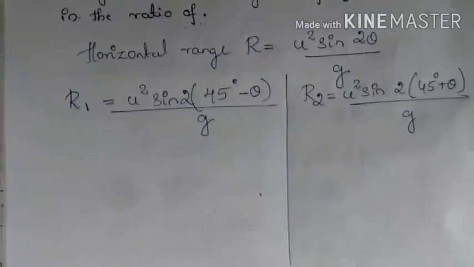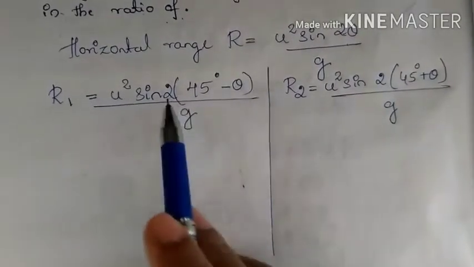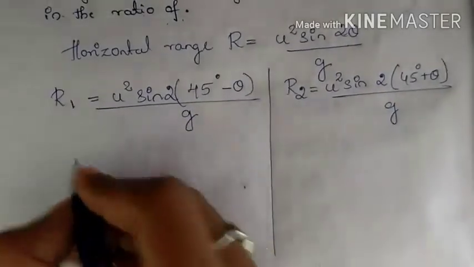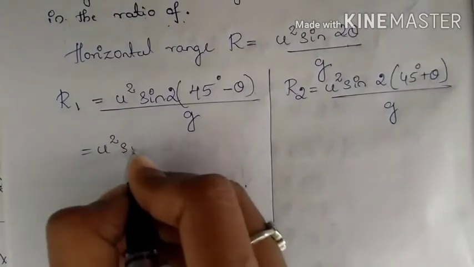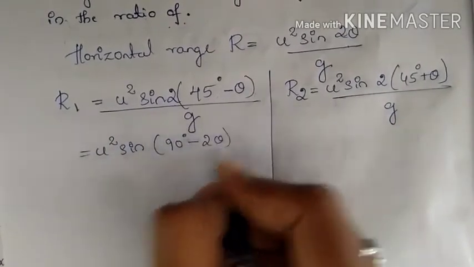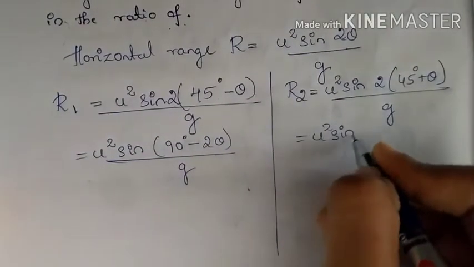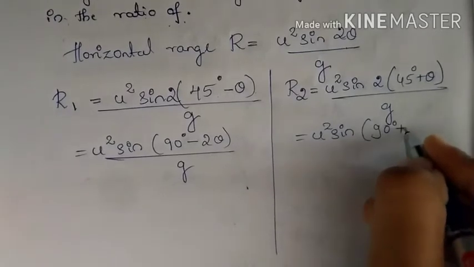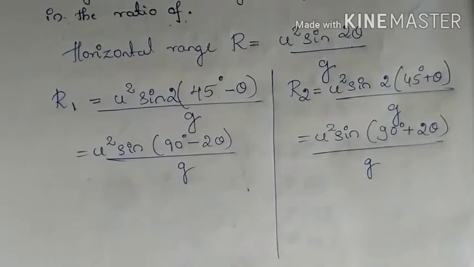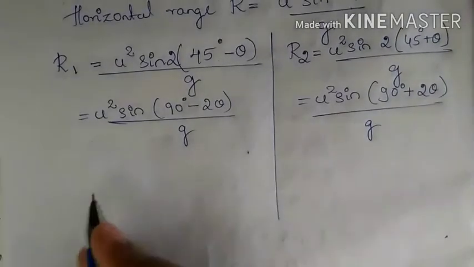So solve these two equations. Sin of 45 degree minus theta is there, so if you multiply 2 to this, then you get sin of 90 degree minus 2 theta. U square sin of 90 degree minus 2 theta divided by g. And you have u square sin of 90 degree plus 2 theta divided by g. I told you what sin of 90 plus theta and sin of 90 minus theta become in the last class.